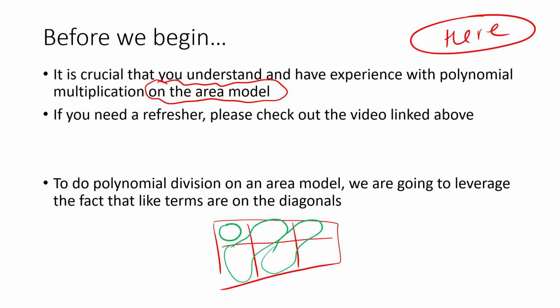You'll have the upper left with the highest degree, the lower right with the constant, and then your like terms arranged on the diagonals. That's important that we remember. Again, if you don't know what I'm talking about, it might be because you haven't done the multiplication on the area model and you really need to go and do that first.